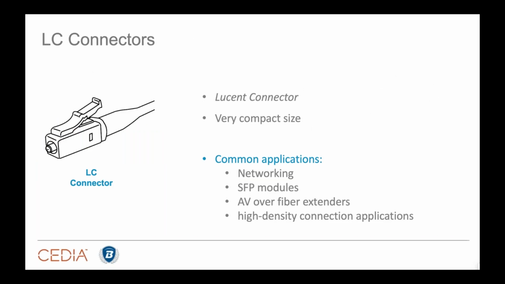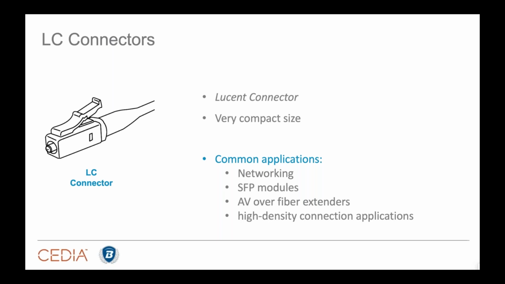LC style connectors. LC stands for Lucent style. This is the small one. A lot of people call it the little connector. Makes sense because it's the small one. This is the connector you see on networking switches, the SFP module, so the actual fiber module that goes inside the switch. A lot of manufacturers, TechLogix included, use the LC connector on our AV over fiber extenders, like HDMI extenders.